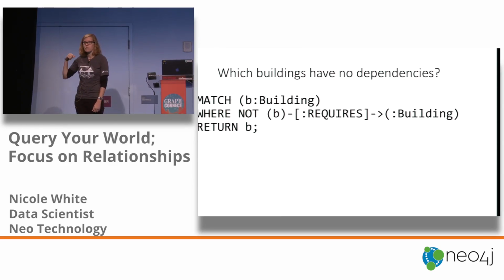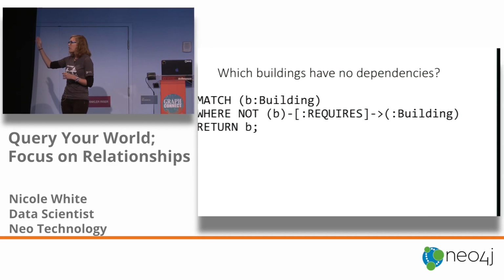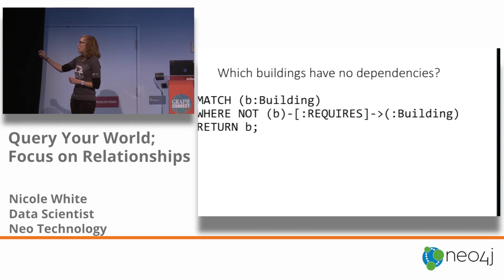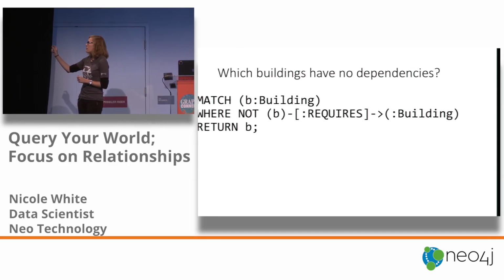We're trying to get buildings that don't have any incoming requires relationships, or outgoing requires relationships, sorry. So buildings that don't require anything. They're at the bottom of this, or I guess the top, depending on how you think of it, of this tech tree. So we're using a where clause, specifying that this pattern cannot exist to the building, and then we're returning buildings that fit that criteria.